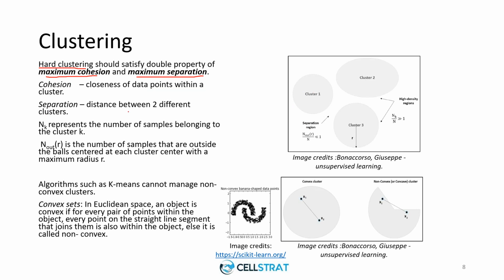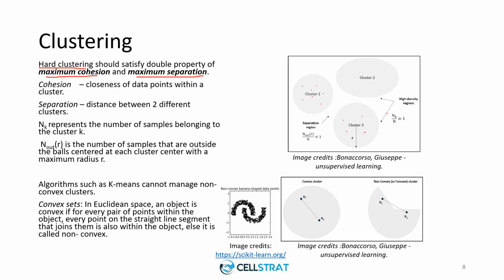And separation is the distance between two different clusters. So data points belonging to one cluster should be close enough to each other, and data points belonging to two different clusters should be far away from each other, to put it in simple terms.